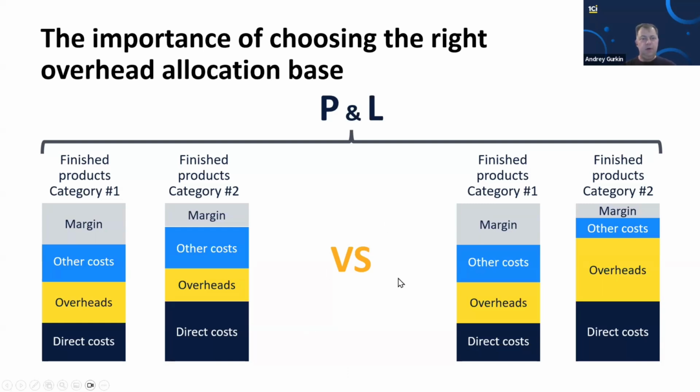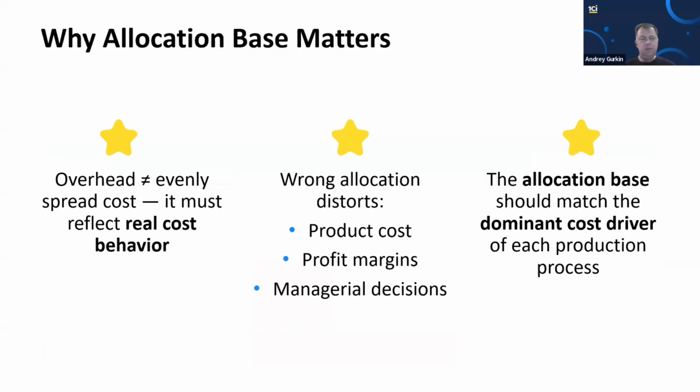So that's why overhead is not equal even with spread cost. It must reflect real cost behavior. And if we choose the wrong allocation, it distorts product cost, profit margins, and managerial decisions. Because, for example, based on this information, we are making decisions for the future.